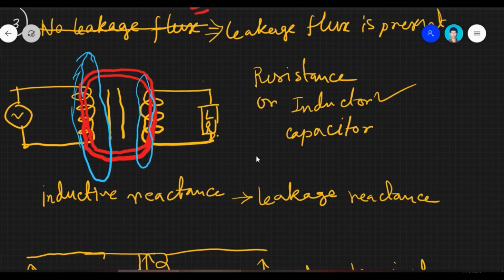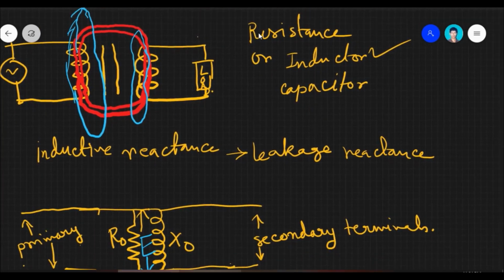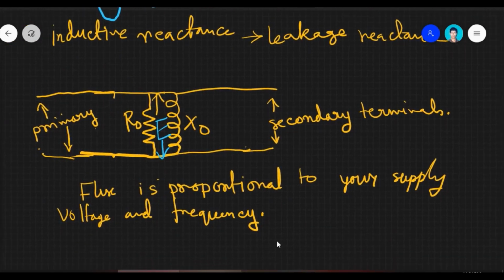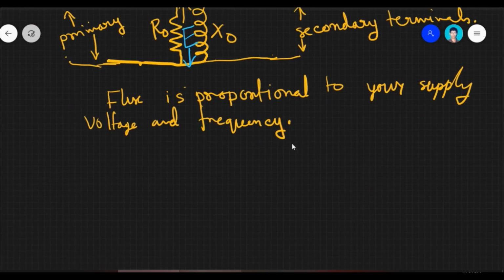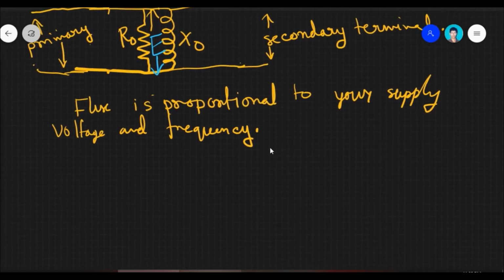So in that case, in order to represent this, we should consider something that is responsible for our leakage. But we have to think about when our secondary actually comes into account. Unless there is a current flowing through our secondary, whether there is leakage or not, we will not be able to understand.